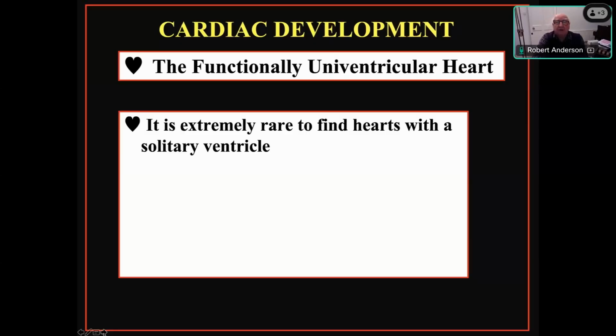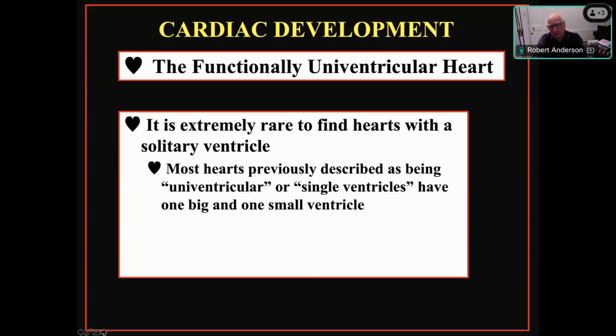But I hope you'll appreciate that, in fact, it's extremely rare to find hearts that have a truly solitary ventricle. In the past, we had great discussions about what made a univentricular heart.